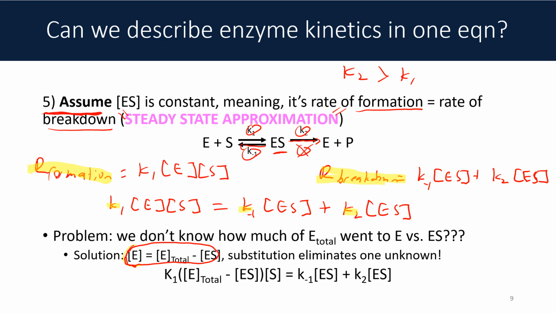Doing the following substitution eliminates the variable E, but it does make our math look uglier. The good news is, though, we know what E total is because we measured it in our theoretical experiments here. It's the amount of enzyme you dissolved in that test tube.